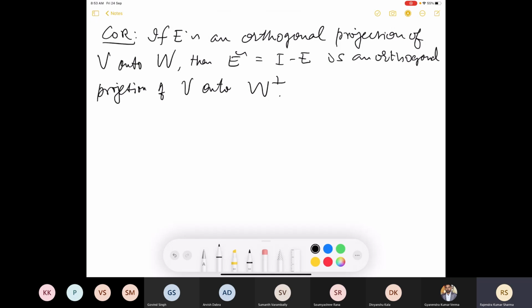And if E is an orthogonal projection, this is idempotent, then E tilde is also idempotent.